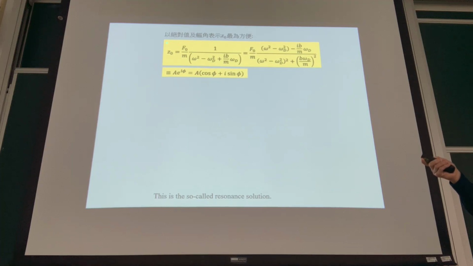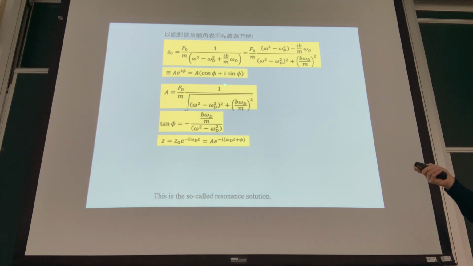You can check this z0 can again be written in terms of its absolute value and a phase angle. But instead of two unspecified constants A and phi, now A has a specific value, phi has a specific value. A is equal to this. The only thing you need to do is to do the calculation.